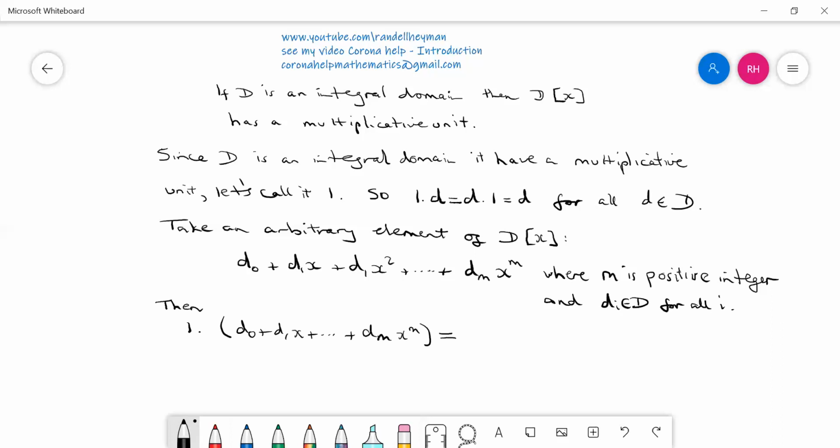And the way multiplication works for polynomials is that we're just going to multiply 1 by d0, plus 1 times d1x, plus dot dot dot plus 1 times dm x to the m. And since 1, d0, and all of these are elements of the integral domain, then 1 times any of these is just equal to that. That's what we just had up here when we discussed an integral domain.